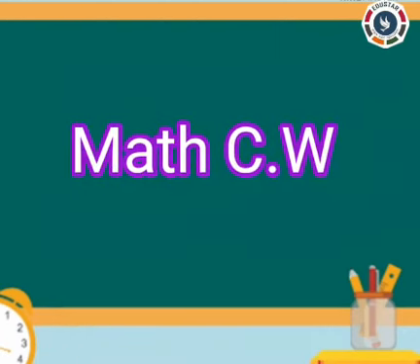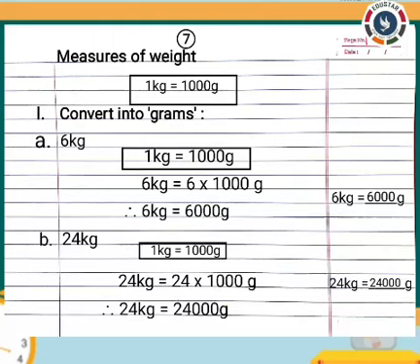Now take your math classwork. Take a fresh page in your math classwork. Write today's date here and page number. Write measures of weight. 1 kilogram is equal to 1000 gram. First Roman letter, convert into grams. See these first two sums.